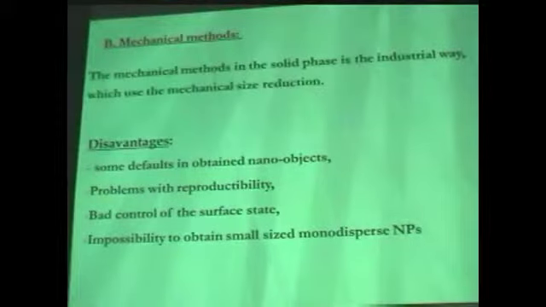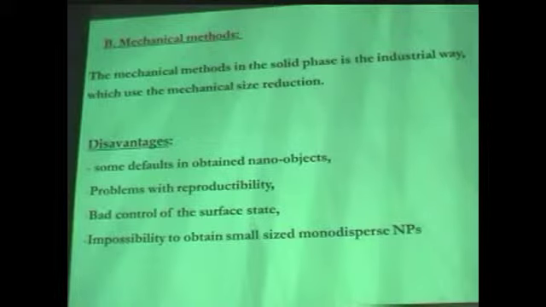So the second strategy is just mechanical reduction of the size of larger objects. The mechanical methods in the solid phase are the industrial way, and we can obtain a very large quantity of nanoparticles in comparison to the previous methods.